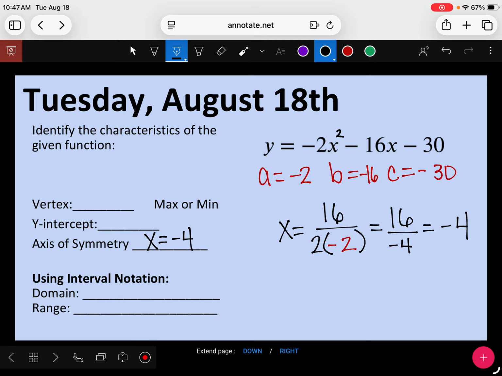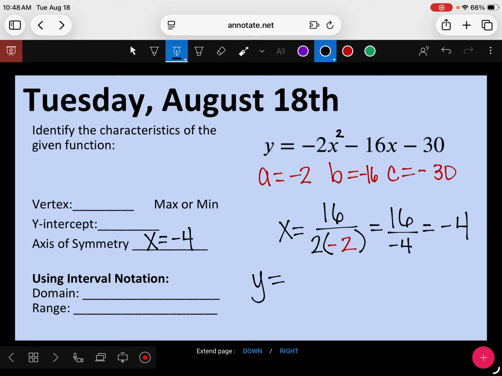So now we need to find the y value, because what we're trying to find is the vertex. To find your y value, we have y equals, and I'm just going to rewrite this equation and put parentheses where there is an x.